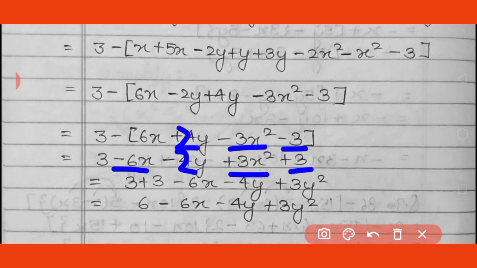Now we will put together the like terms. Only the constant terms are like terms, so 3 plus 3 is 6, minus 6x minus 2y plus 3y square. So our answer is 6 minus 6x minus 2y plus 3y square. This is the correct answer of this simplification.